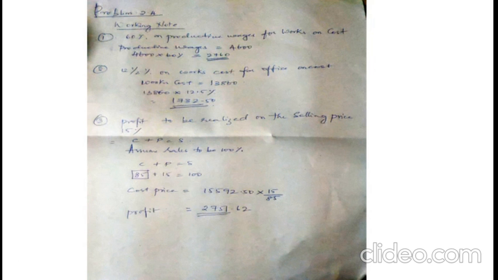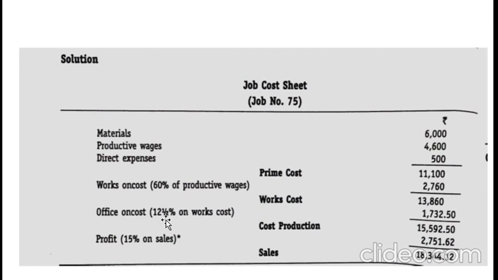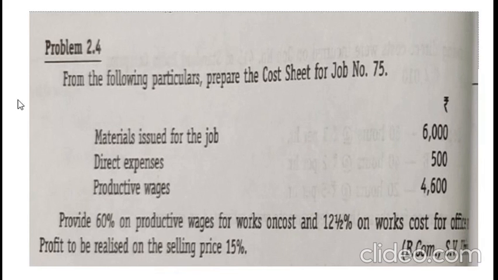So you will be taking here your office on cost, 12.5% on works cost, will give you 1,732.5. When you add your works cost plus office expenses, it will give you your total cost or cost of production, which is 15,592.50.